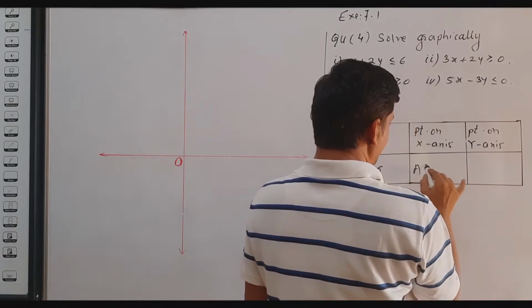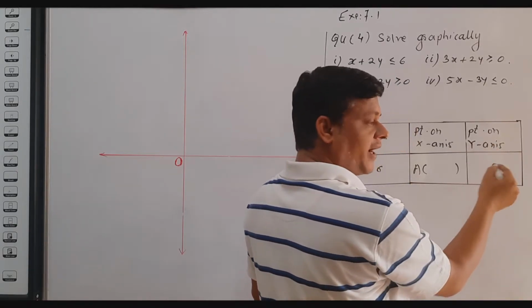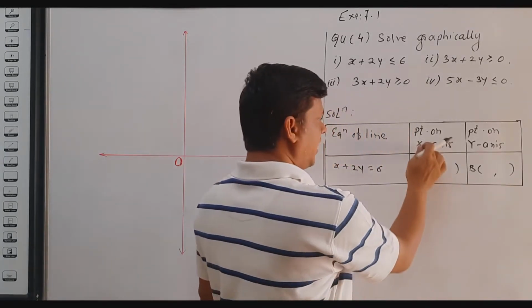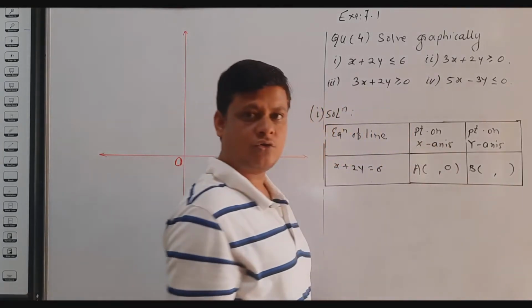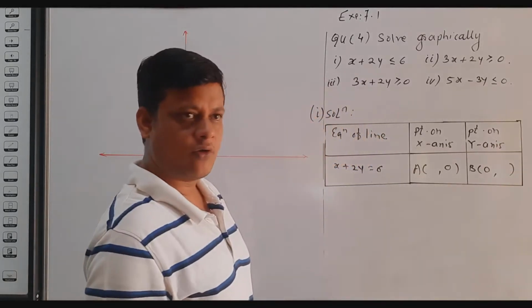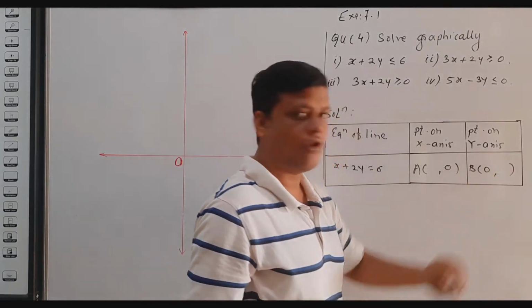The point on x-axis we consider A, the point on y-axis we consider B. And we know that on the x-axis the y coordinate is 0 and on the y-axis the x coordinate is 0. Now we have to find these two coordinates.